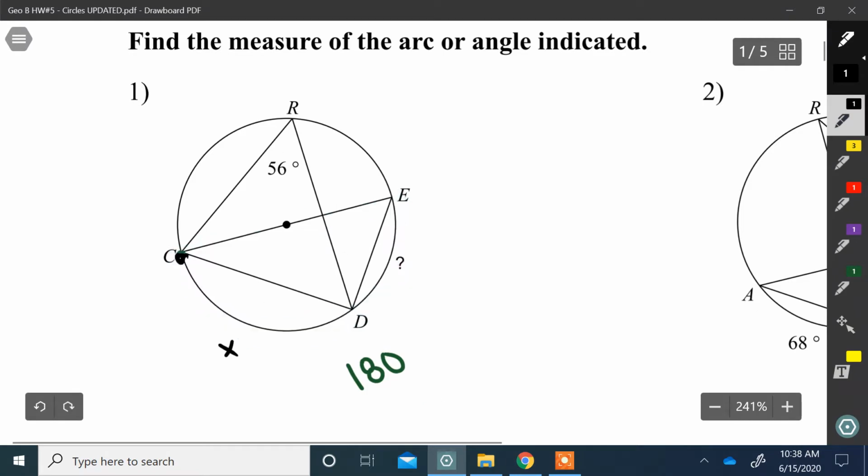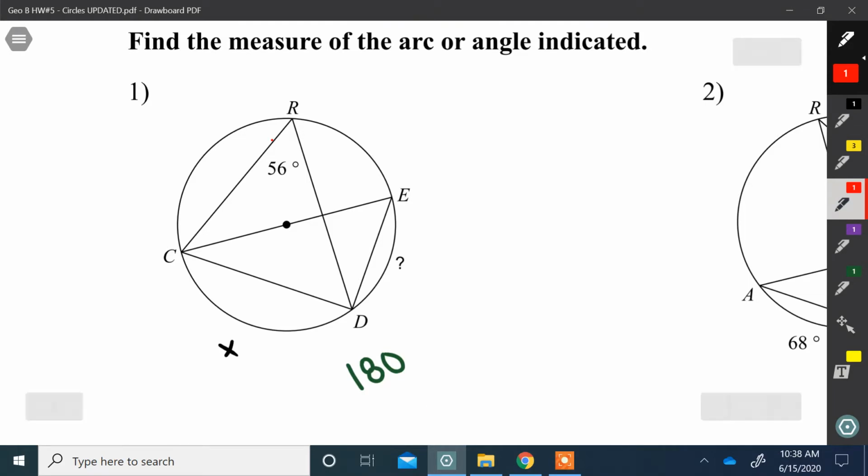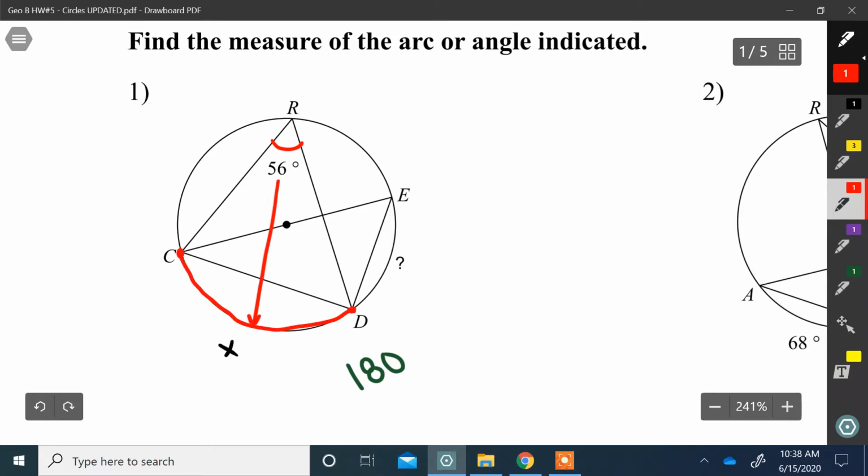The formula is more difficult than it really is, or sometimes it just doesn't make sense, but this is half of that right there. So I want to get this right here. If this is 56, all I have to do, guys, is multiply times 2. That is exactly how I see the formula.